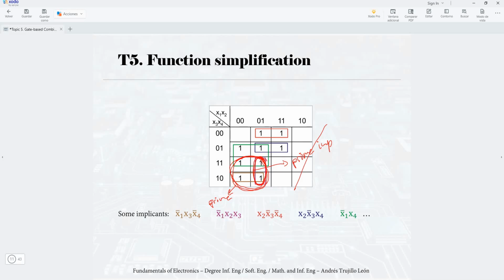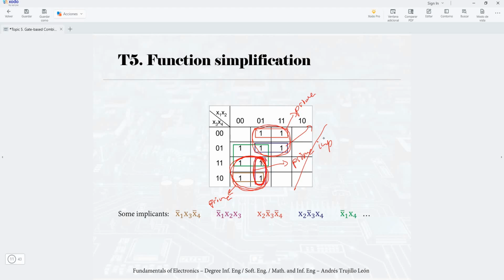For example, these two allowed groups of ones, are they prime implicants? No, because we can cover these 4 ones with a bigger allowed group of ones, and this bigger group is going to be the prime implicant in that part of the map.